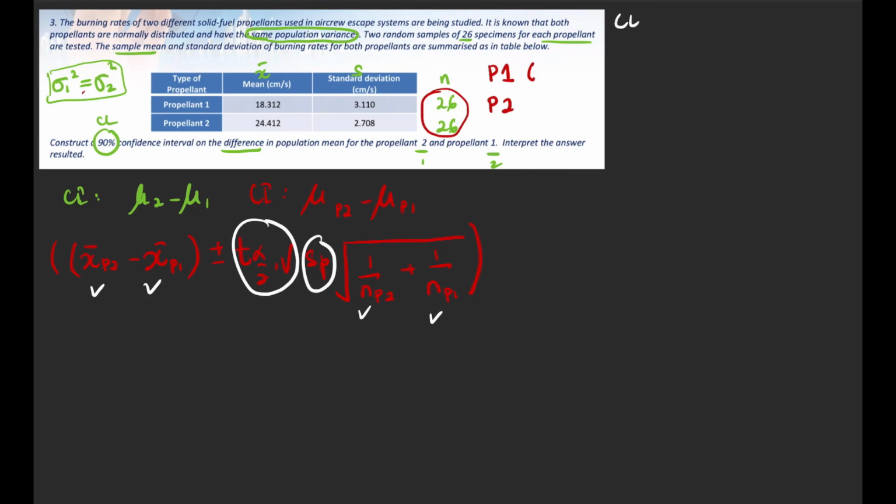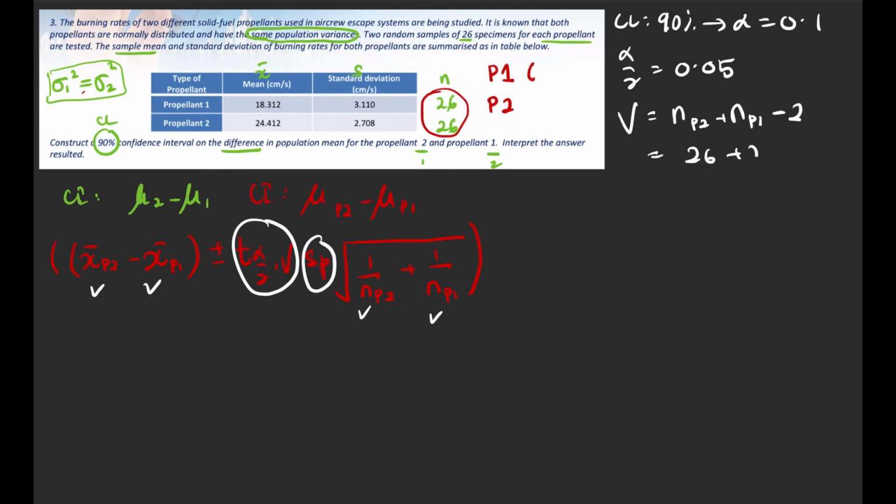So confidence level 90%, alpha is 0.1. So alpha over 2 is 0.05. Nu is equal to n propellant 2 plus n propellant 1 minus 2. 26 plus 26 minus 2, you will get 50.